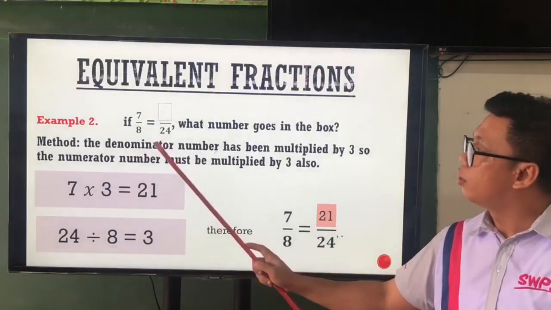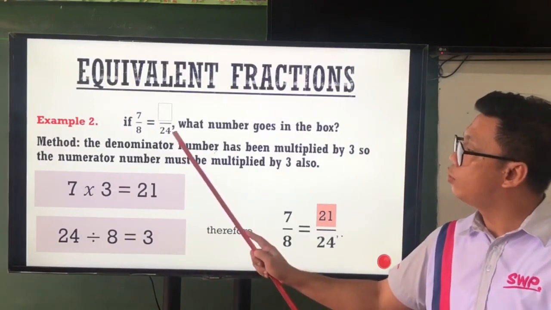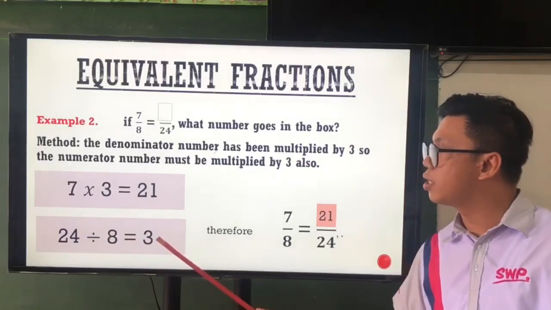Why use the number 3? Because 24 divided by 8 is 3.